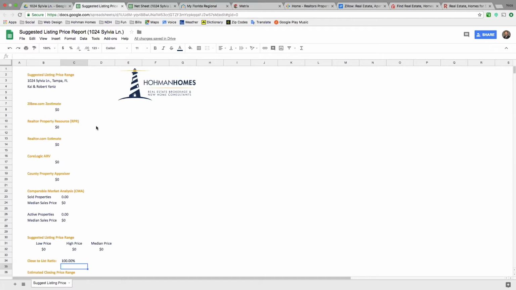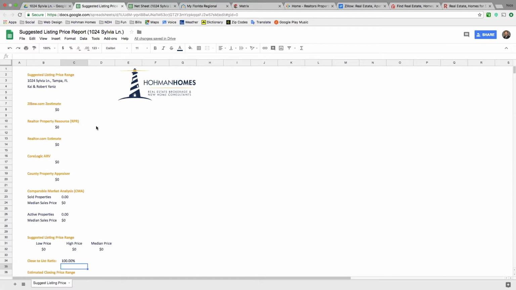Essentially what we're trying to do is create as many different data points as we can to get to the correct average. If we just pull 3 comps in the neighborhood, they might be a good valuation approach to getting the exact number that we're looking for. But at the end of the day, there are only 3 examples, 3 data points.